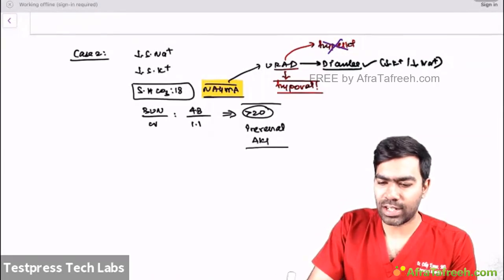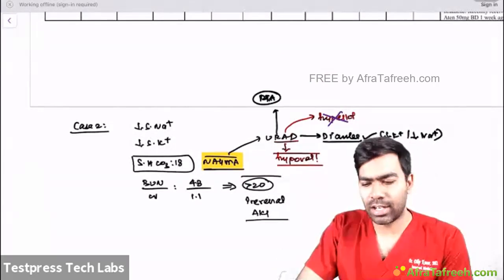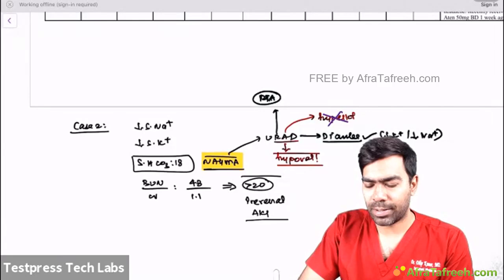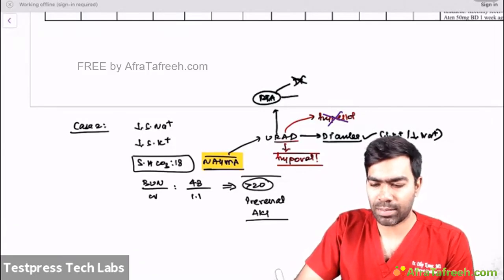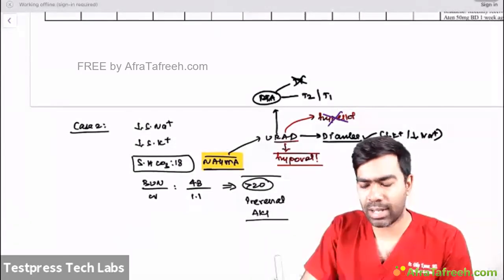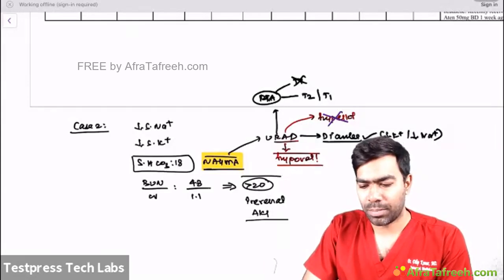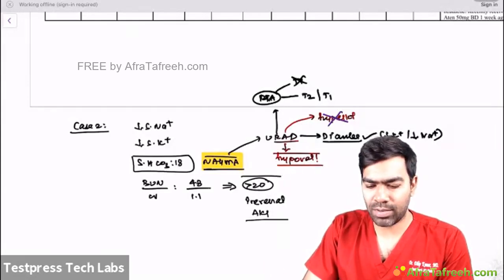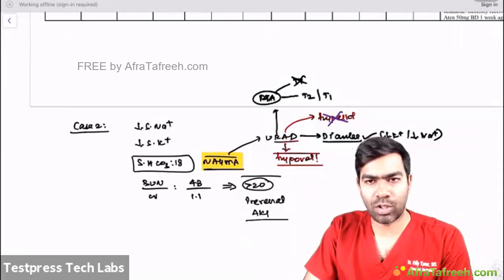As far as renal tubular acidosis is concerned, let me take another cause. RTA, renal tubular acidosis: type 4 is ruled out anyway because it's going to produce hyperkalemia. It could be either a type 2 or probably a type 1 renal tubular acidosis, proximal versus distal. But I will think of only one possibility usually, because the bicarbonate is only 18 and the blood urea nitrogen is also a little high.